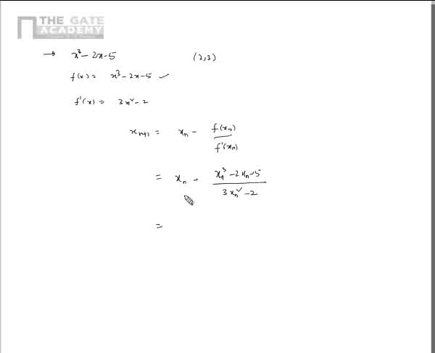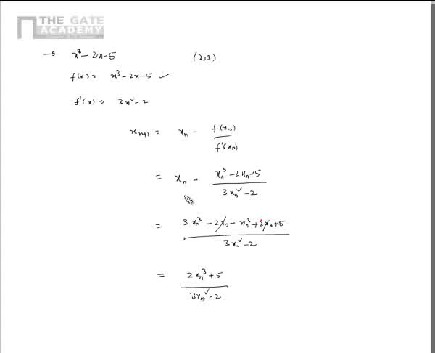If we simplify, it will be (3 xn whole cube minus 2 xn minus xn whole cube plus 2 xn plus 5) by (3 xn whole square minus 2). Simplifying further, this comes out to be (2 xn whole cube plus 5) by (3 xn whole square minus 2). So these terms get cancelled. That's the idea.